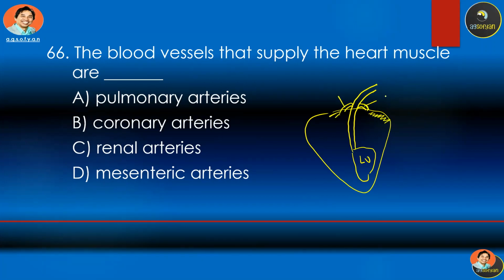And these vessels are called the coronary arteries, which are left and right. So coronary arteries are the blood vessels that carry blood to the heart muscles, the myocardium.